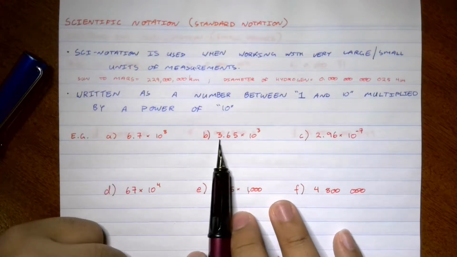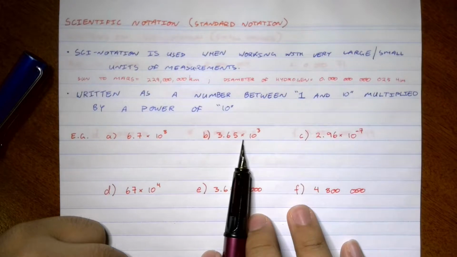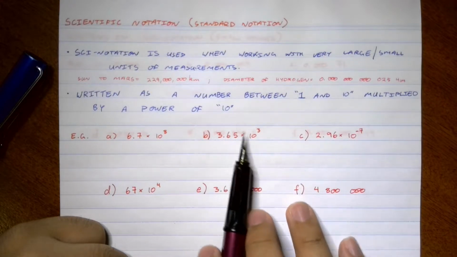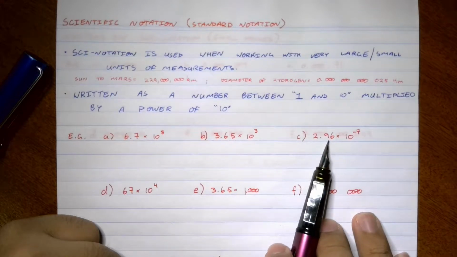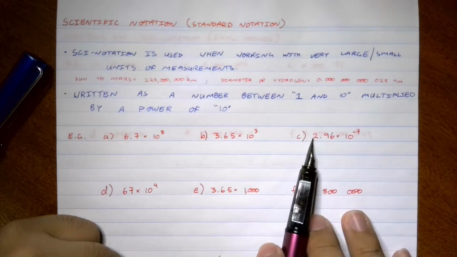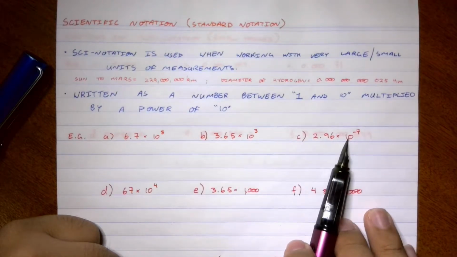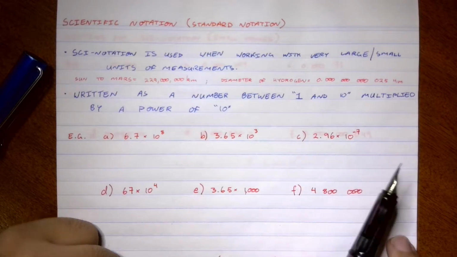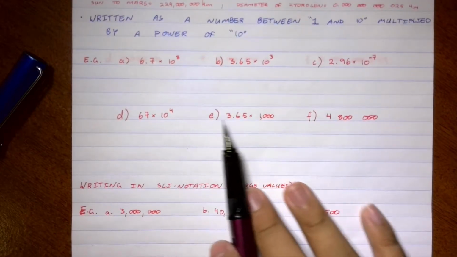Another example, 3.65 is between 1 and 10, and it's being multiplied by some power of 10. One last time, 2.96, a number between 1 and 10, multiplied by a power of 10. It's 10 to the power of -7. So these are three examples.